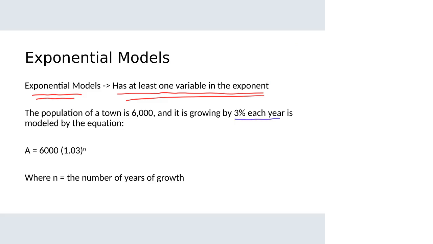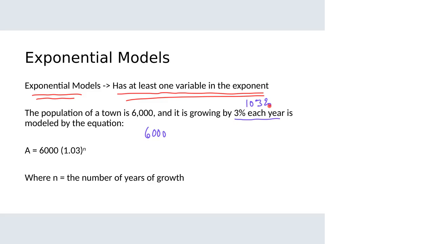So let's just look at 1 year real quick, the very first year. I'm starting out with 6,000 people in my town and it grows by 3%. Well, just like Debbie's salary, if it grows by 3%, then the new population is going to be 103% of the old population.